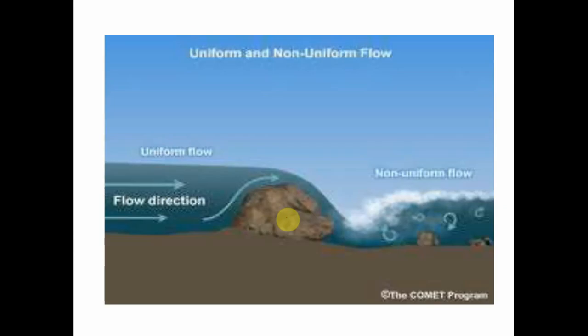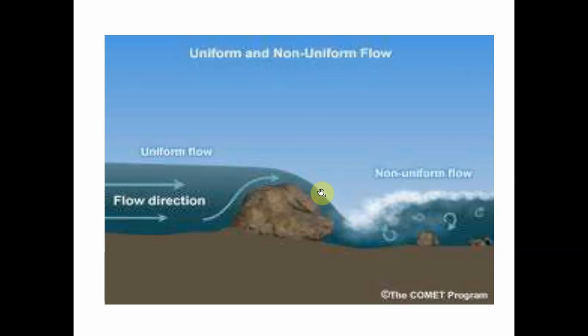Okay. So this is the diagram of uniform and non-uniform flow. In uniform flow, the water flows uniformly in the flow direction. In non-uniform flow, see that here the arrow direction changes, due to an obstacle present in the middle or due to an abrupt change in velocity.